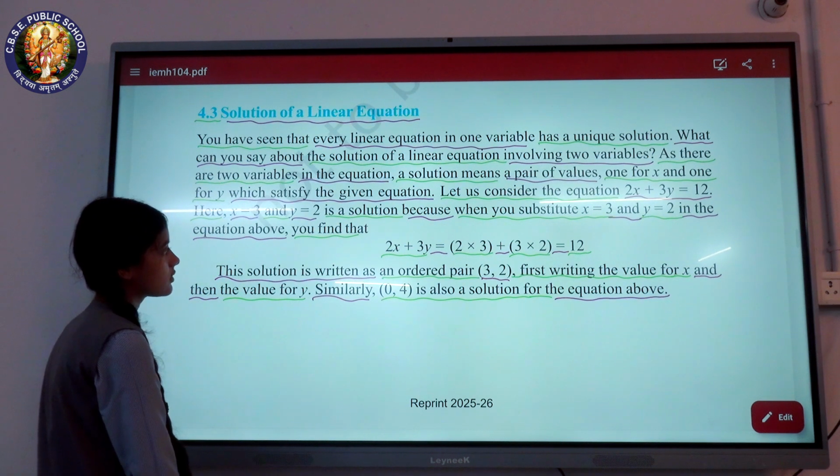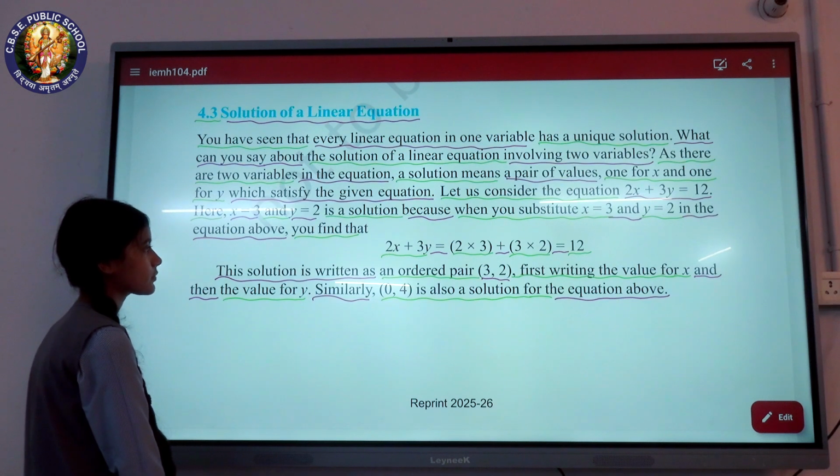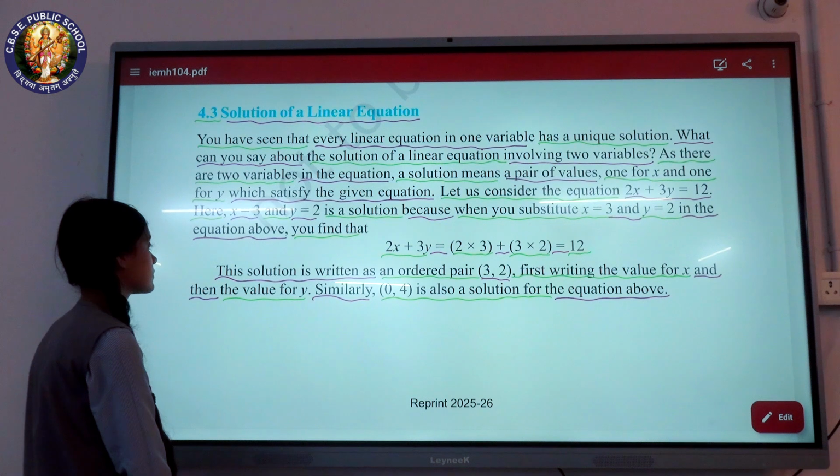Let us consider the equation 2x + 3y = 12. Here, x = 3 and y = 2 is a solution.